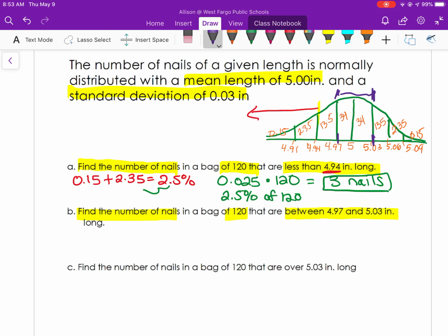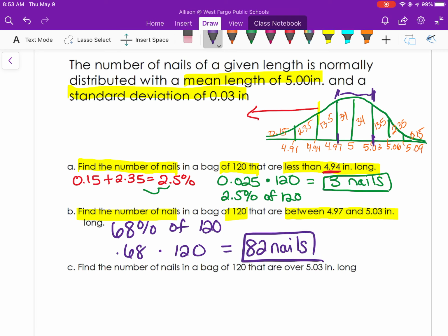So that is 68% of the data, 34 plus 34. And 68% of 120, I would take 0.68 times 120. And I would find that that would be 82 nails. So a large amount is within one standard deviation. 68% of the nails are within one standard deviation of the average size.